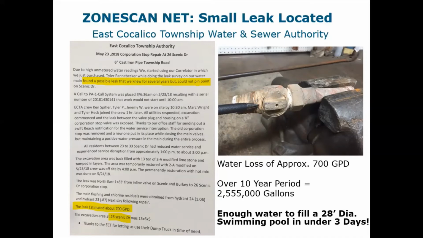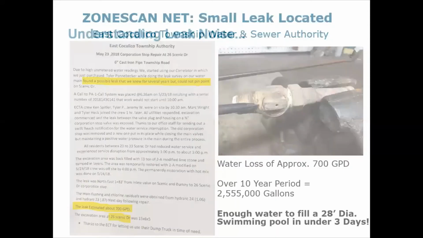Very, very small leak, not generating a great leak sound in this case. But taking a look at it over a long period of time, they couldn't find this leak for several years. So if you take a look at that for 10 years, that's over 2 million gallons of water on that one little break. So well done.